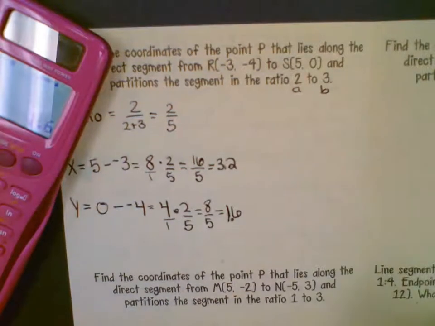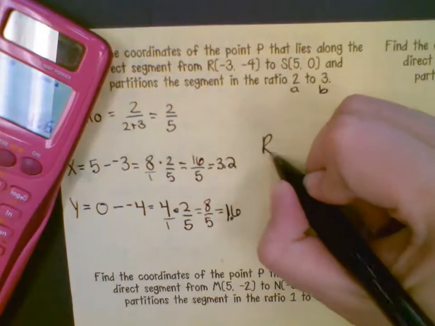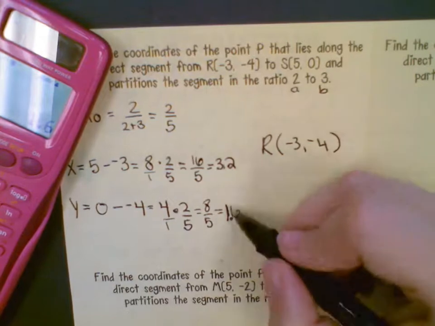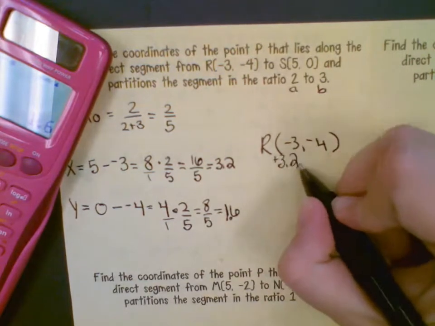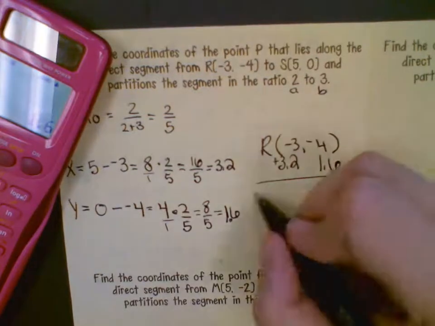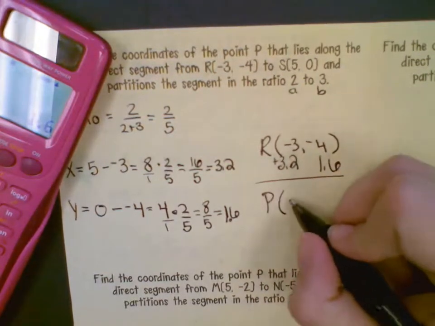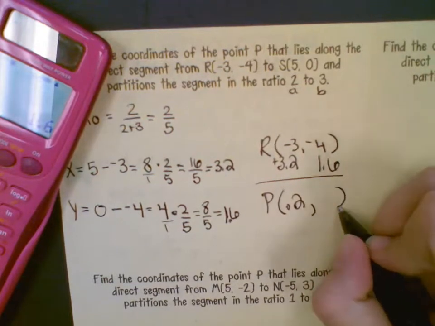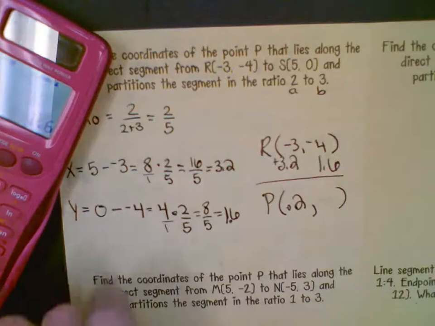So these are the numbers that tell us our difference, so how much we're moving. So we take our first point R, which was -3, -4, and we add this change to it. So we'd add 3.2 to our x and 1.6 to our y. So that would tell us that our point P would be 0.2, -2.4.